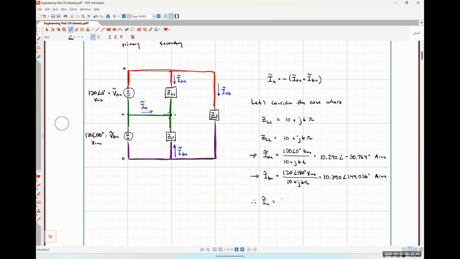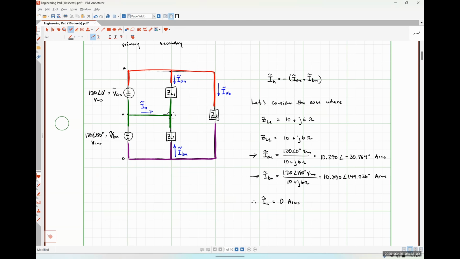And I actually get an answer of 0 amps RMS. So when we have a balanced system like this, no current is going to flow along our neutral conductor. That's something that we're going to see pop up a lot.